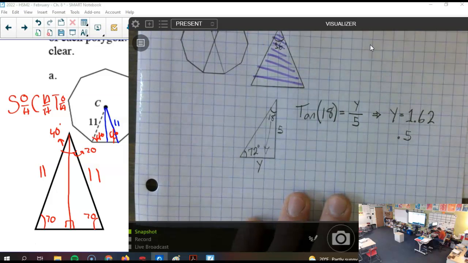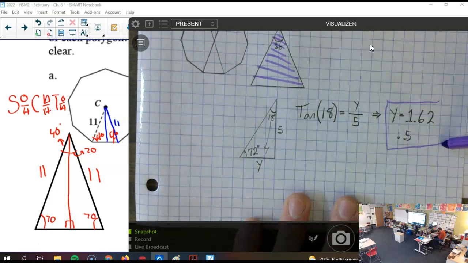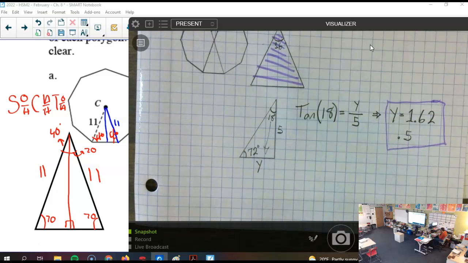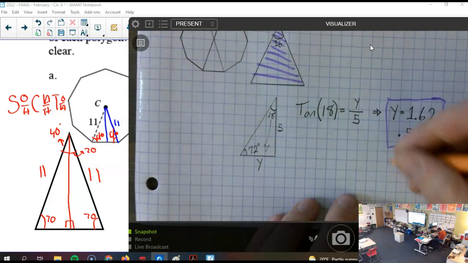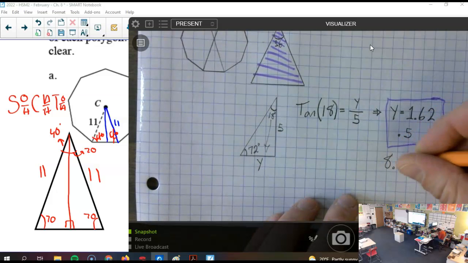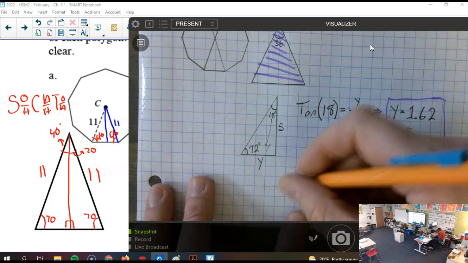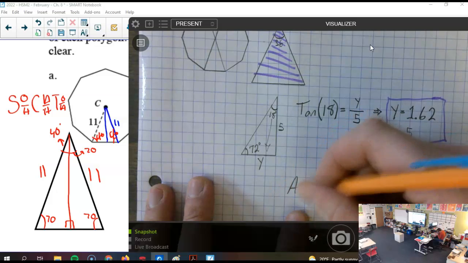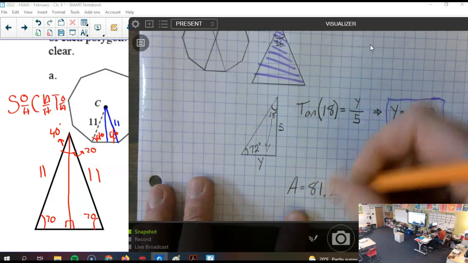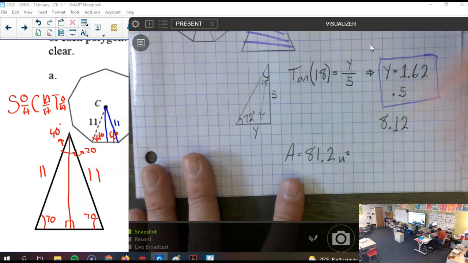Not just the right triangle. So this will get us the whole isosceles area. So 8.12, you have to multiply that by 10. 8.12, you said? Yeah. So then probably 81.2, I'm guessing. Units squared.